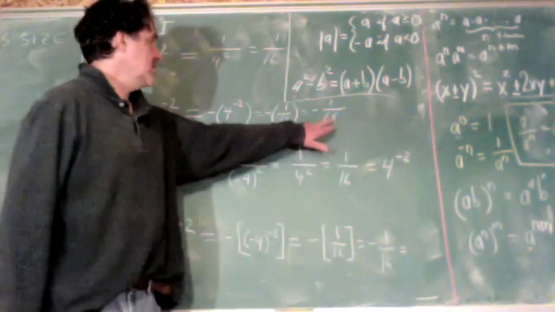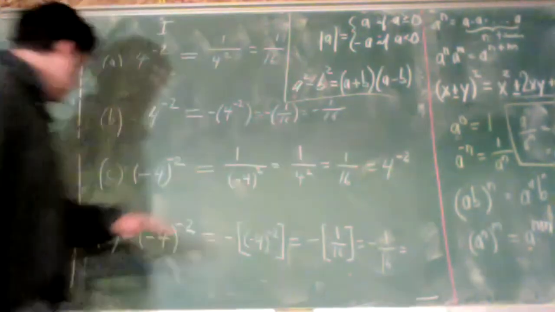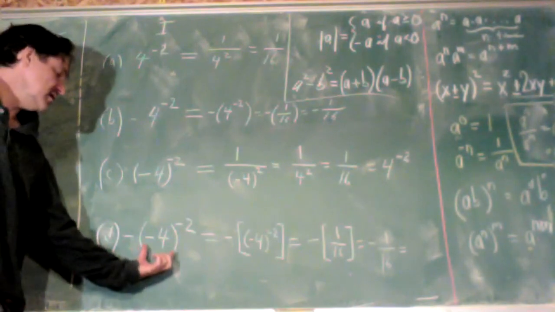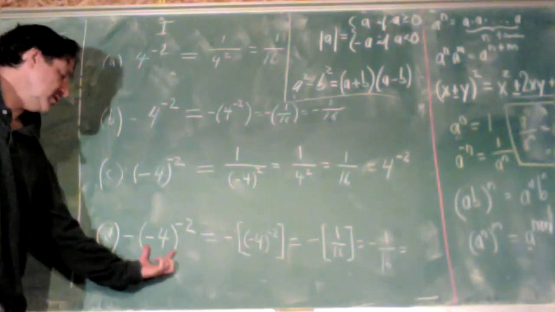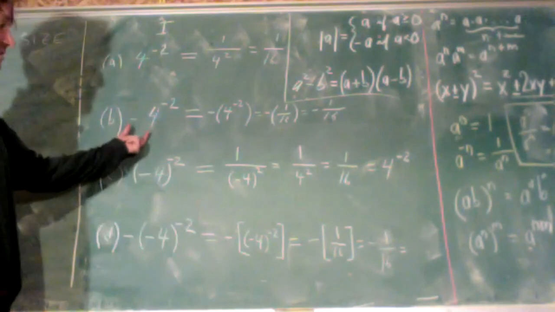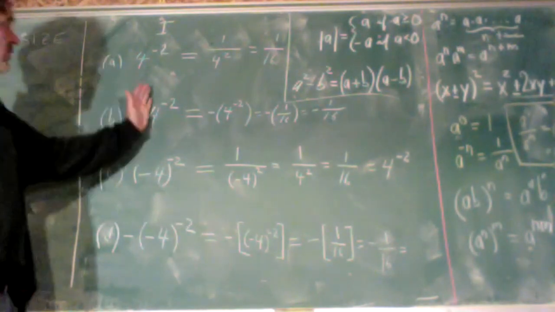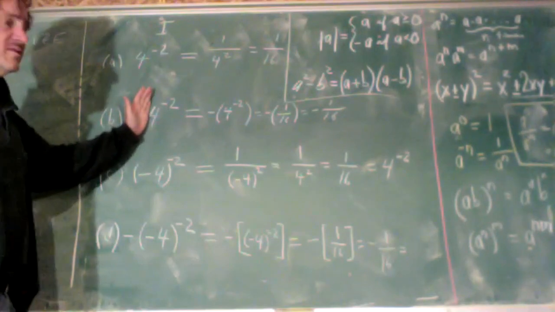Minus 1/16 is the same as what we found in B, which means that the negative of the quantity minus 4 to the minus 2 power has exactly the same value as the negative of the quantity 4 raised to the minus 2 power.